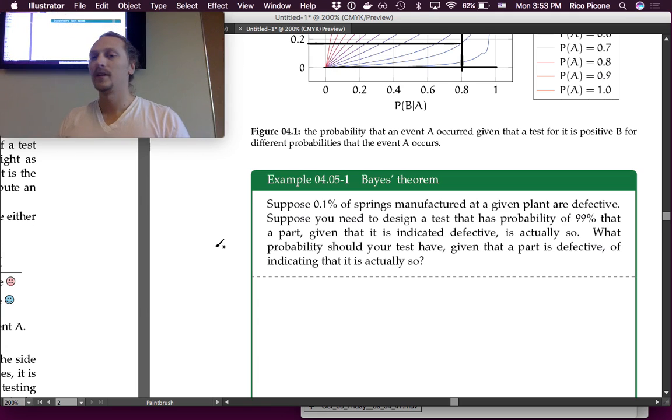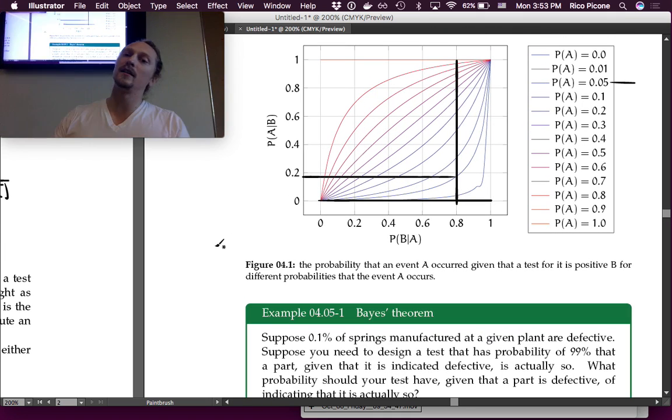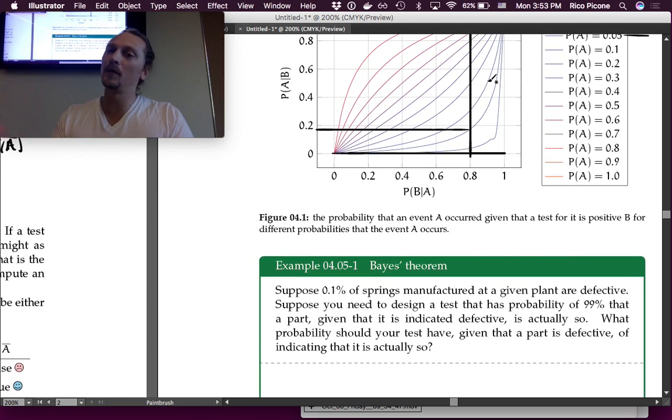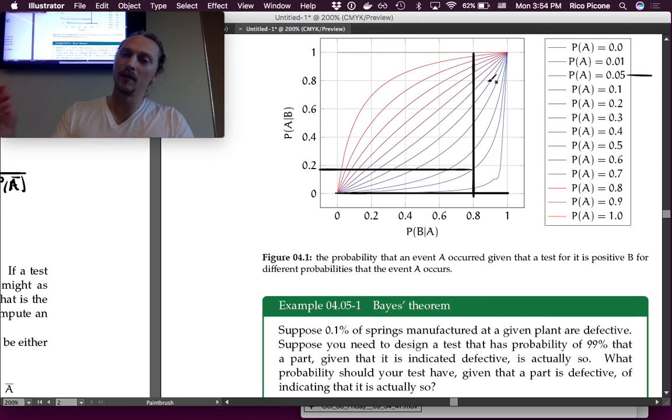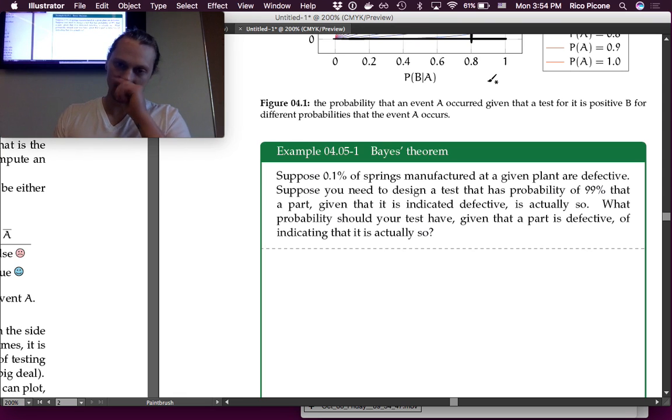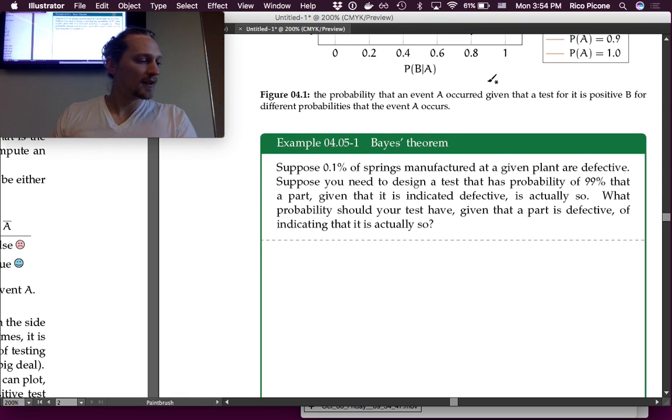So what I'm asking you to do is to figure out where you should be on this horizontal axis such that you have a 99% chance of detecting it properly: if you have a positive test result, that it's actually defective.